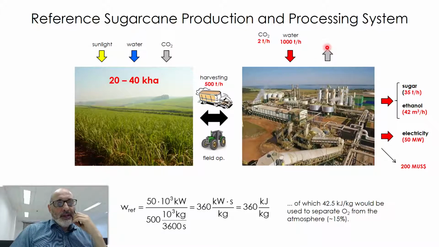And we export 50 megawatts of electricity. If we want to incorporate an oxygen separation process, how much of this electricity would we have to spend on the separation?